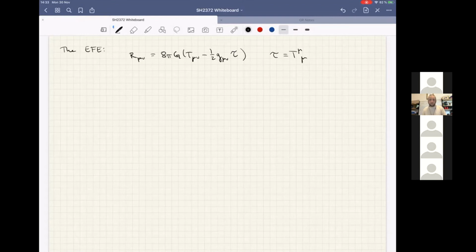And you can derive that essentially by taking the trace of the Einstein field equations, and that will give you an expression for the Ricci scalar in terms of this T, which you can then move to the other side. But we can rewrite the Einstein field equations in this form.